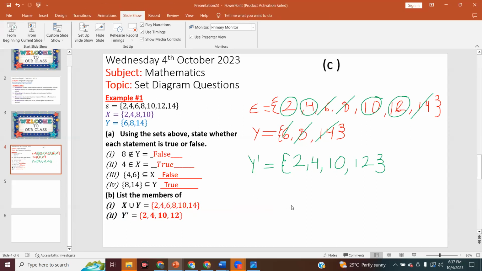But you can't forget the 2, you can't forget the 4, nor the 10, nor the 12, okay? So Y complement, by definition, is everything in the universal set except for Y, all right? So just be careful with that.